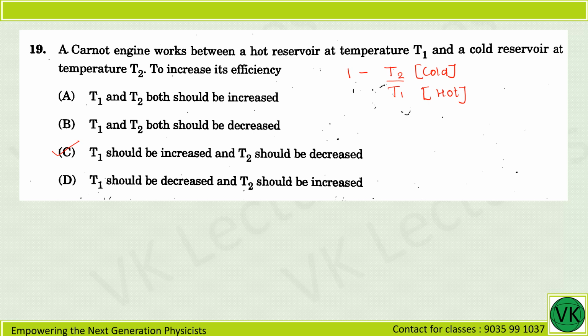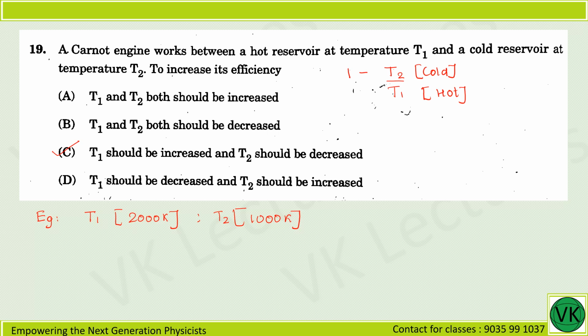Now let's take an example. For example, I have T1, the hot reservoir, working at 2000 Kelvin, and T2, the cold reservoir, working at 1000 Kelvin.